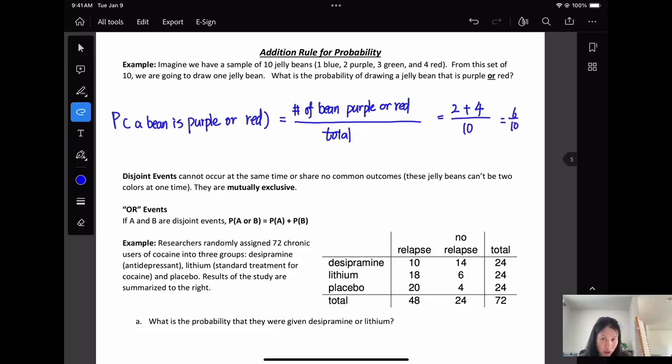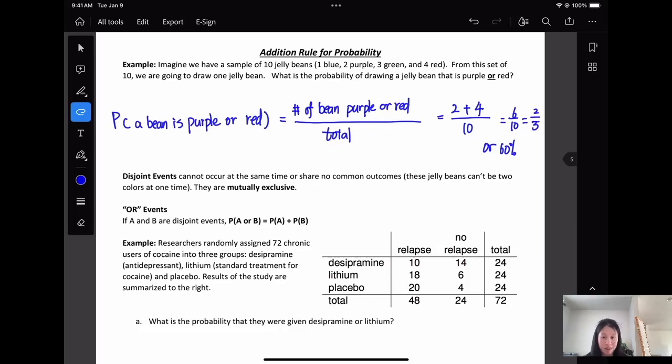But remember that you need to reduce the fraction, which is 2/5, or you can write it as 60%. So for disjoint events, which cannot occur at the same time or share common outcomes, in our previous example, when you draw a purple jelly bean, then you cannot draw a red jelly bean.